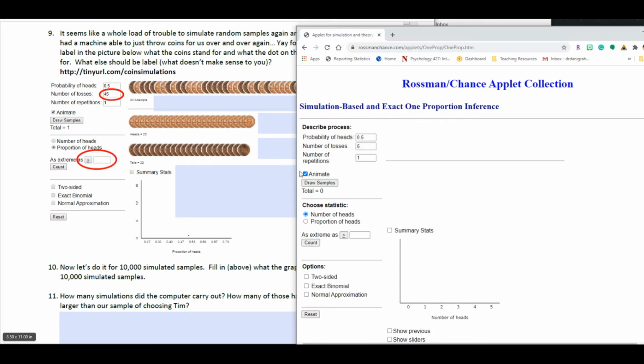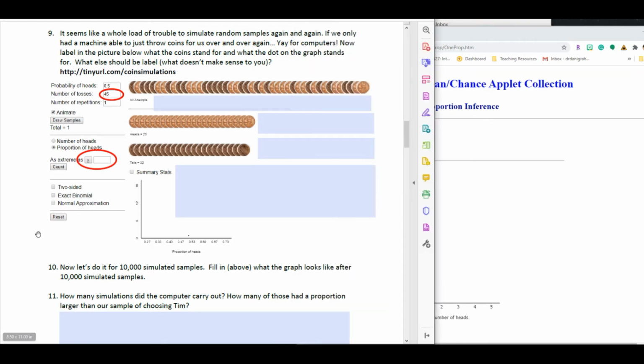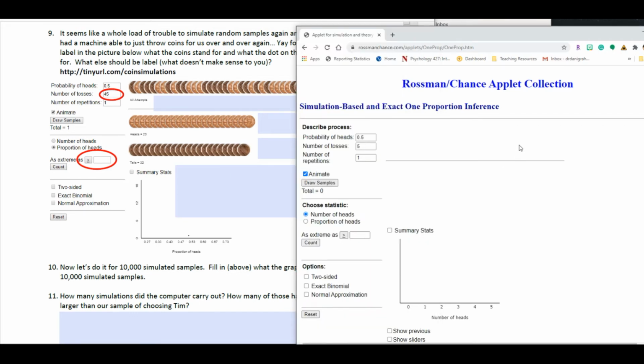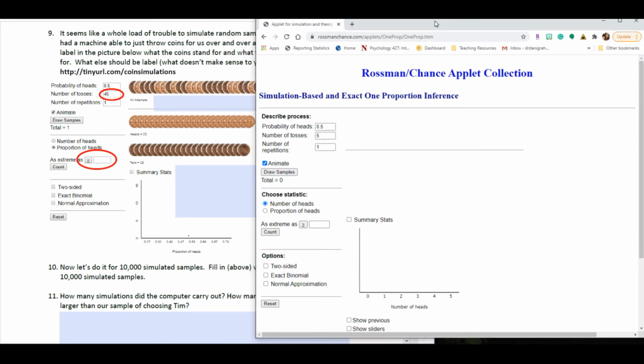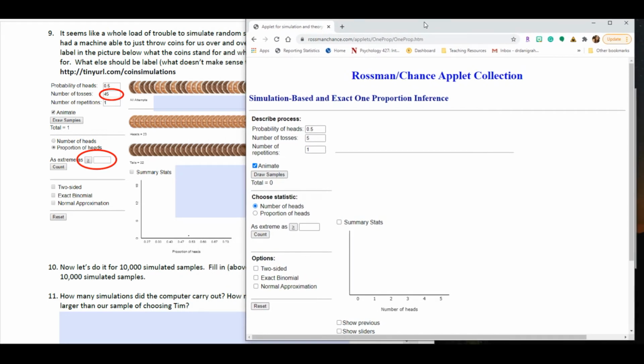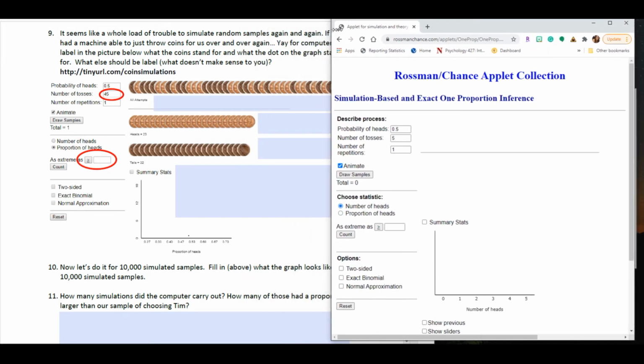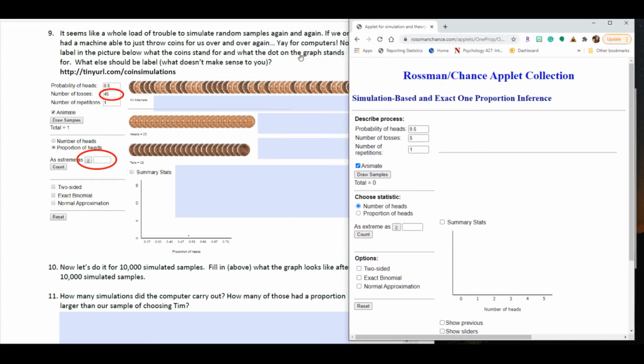So this picture that you see here is just a screenshot that I took from this website. So we're starting out with the website blank, right? We haven't run any simulations yet. But this website lets us run a simulation where we're flipping coins. Now, let's start by just doing one simulation.